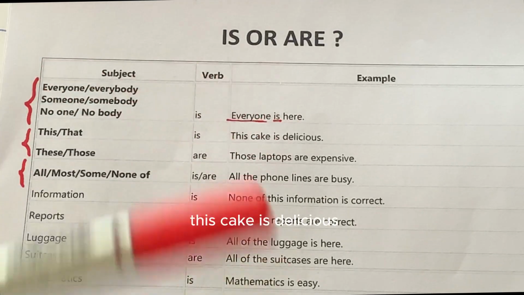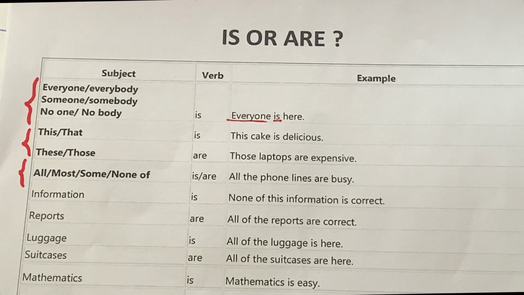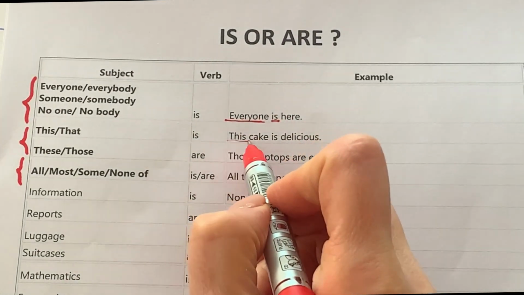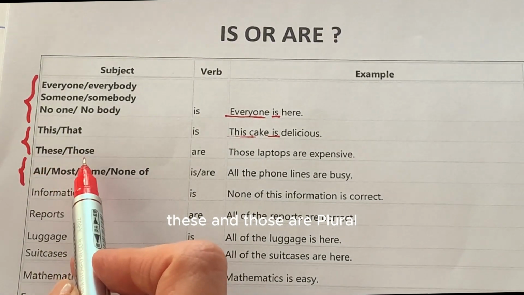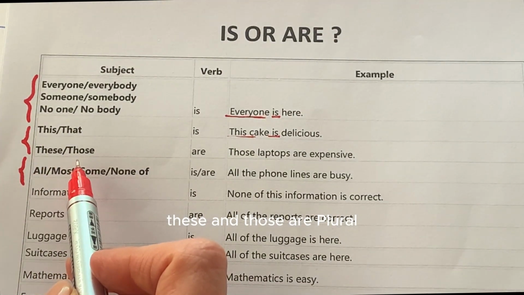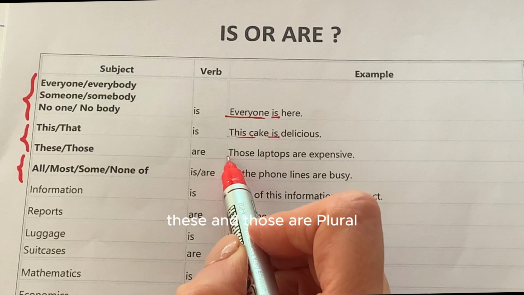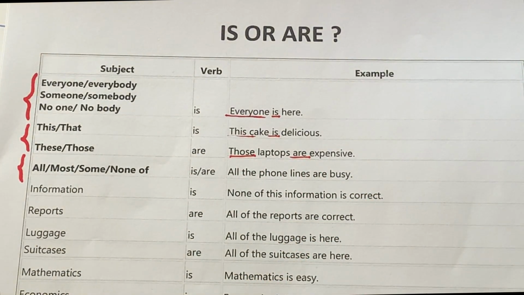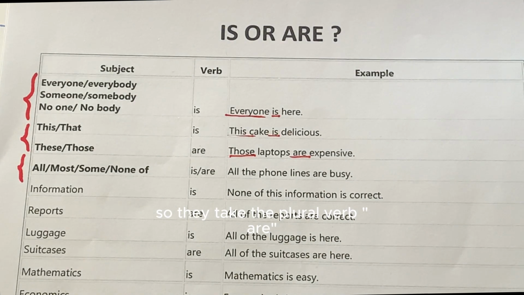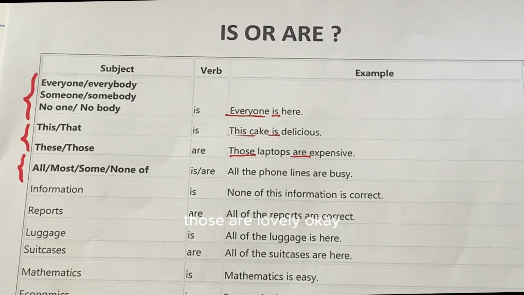This cake is delicious. These and those are plural. Those laptops are expensive. So they take the plural verb are. These are lovely. Those are lovely, okay?